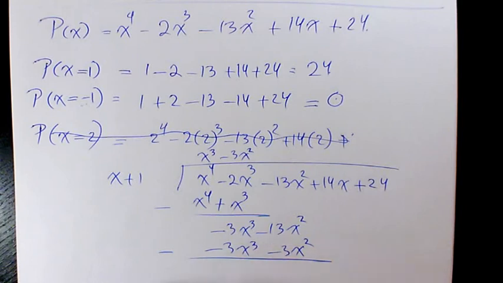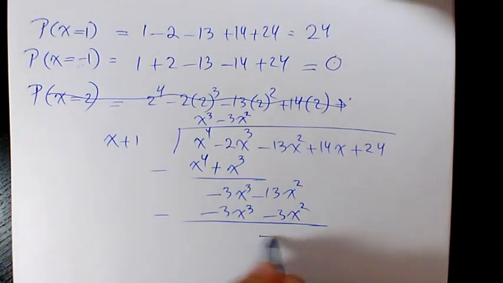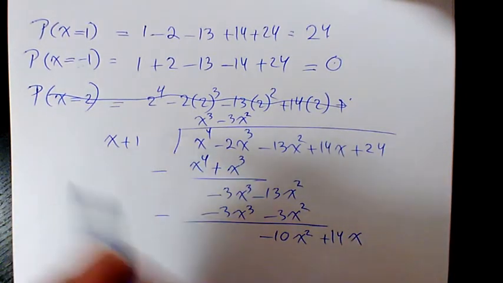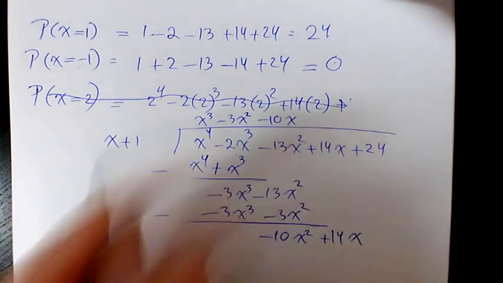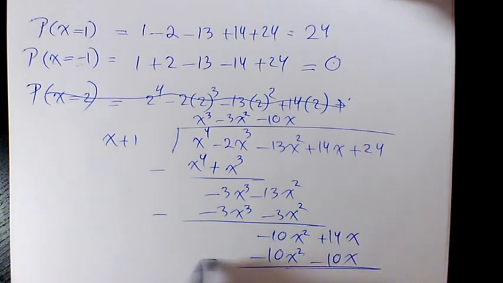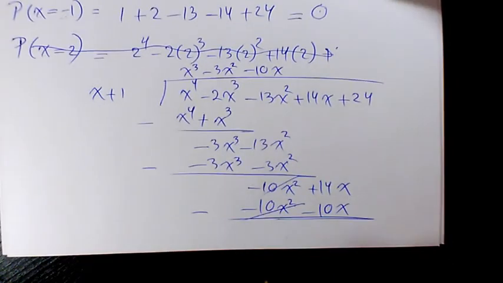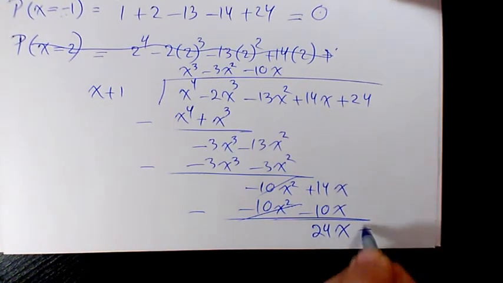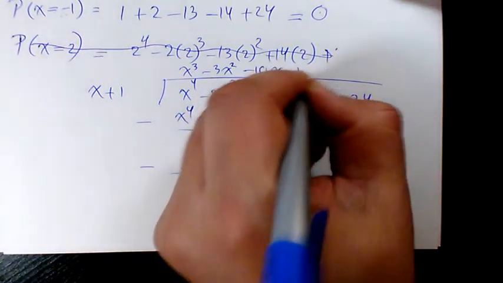When you subtract it, these two cancel out, and you have negative 10x squared plus 14x. Negative 10x squared divided by x is going to be negative 10x. When you multiply, it's negative 10x squared, negative 10x. Subtracted is going to be 0. So that's going to be 24x plus 24 divided, it's going to be 24.